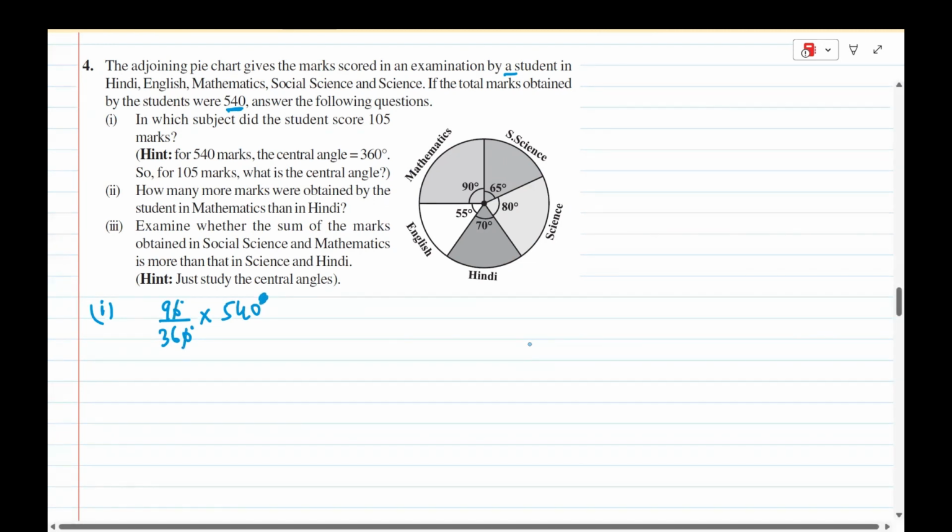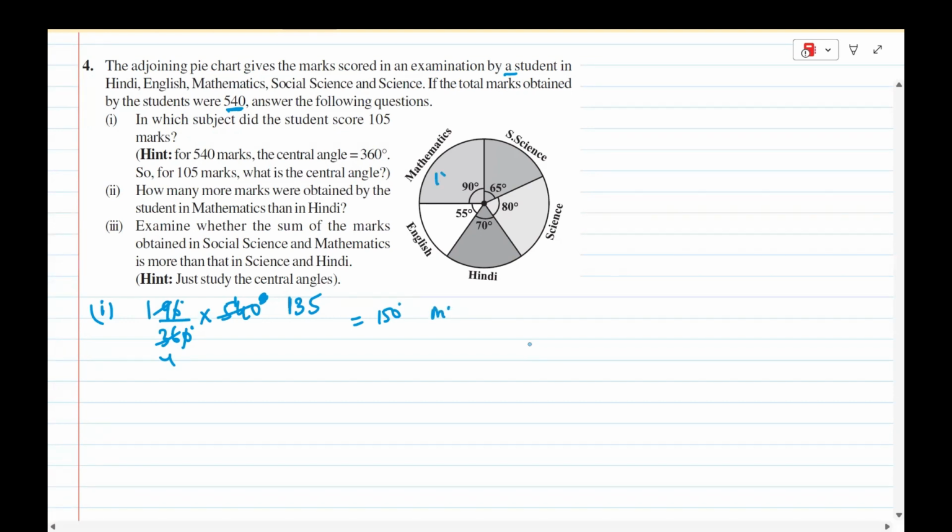So if I cut it, 9 ones are 9, 9 fours are 36. Here also 4 ones are 4, 4 threes are 12, carry 2, 4 fives are 20, means 135 are there for maths. This is for maths angle. Okay? Not degree, I'm sorry, it is the number of people, 150. Correct? Similarly, you have to calculate for others.